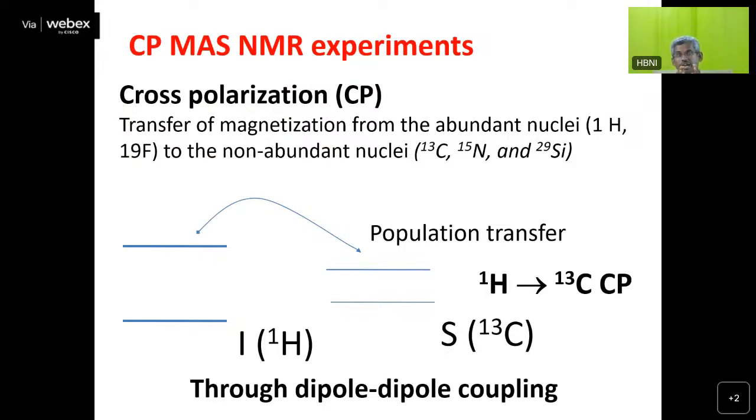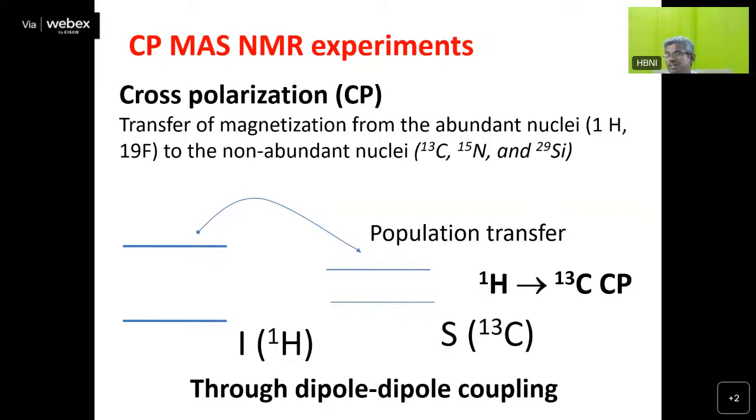In other words, transfer the population or polarization from one nucleus to another. So this is called cross polarization. Cross means it is not transferring from one proton to another proton. It is transferring from the 1H nucleus to the carbon-13 nucleus. Carbon-13 is less abundant. So by transferring the population, you can get improved signal-to-noise ratio of carbon-13 NMR.